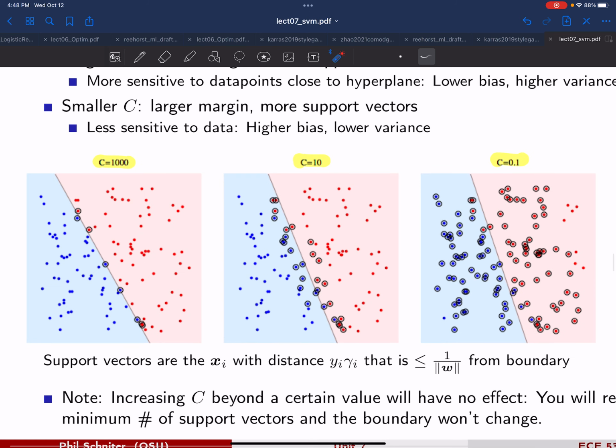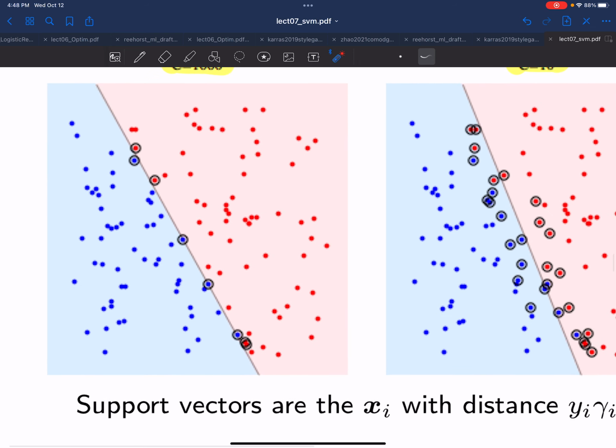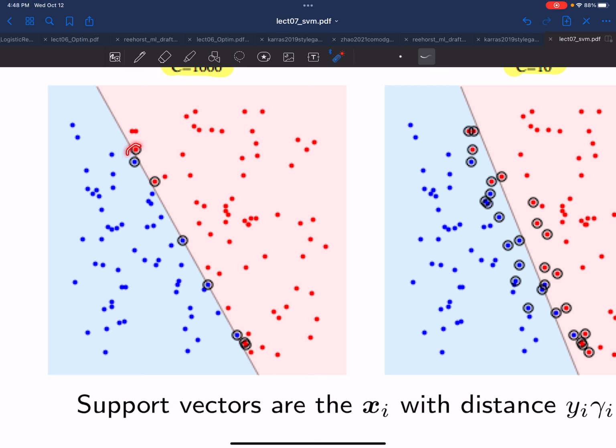So you might ask, how do we decide among these? Or another question is, why is this not the best idea? Let me try to explain why it's not the best. Notice here that only a few training samples in your training data set are actually being used.